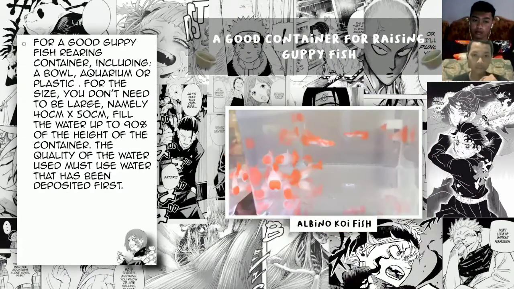Next, a good container for raising the fish: a bowl, aquarium, or plastic container, larger in size, filled with water up to 90% of the height of the container. The water used should be water that has been aged.